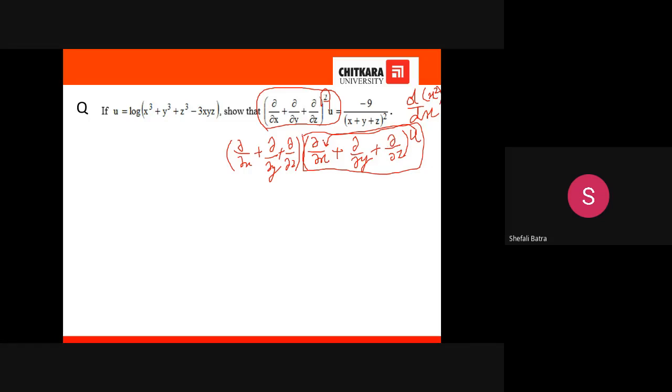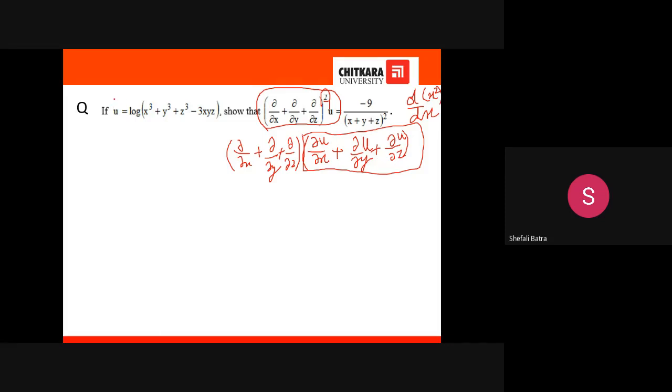So in the next step, I'm erasing this u and writing it inside the bracket. It would become ∂u/∂x, ∂u/∂y, and ∂u/∂z. Now you need to find ∂u/∂x, ∂u/∂y, and ∂u/∂z.